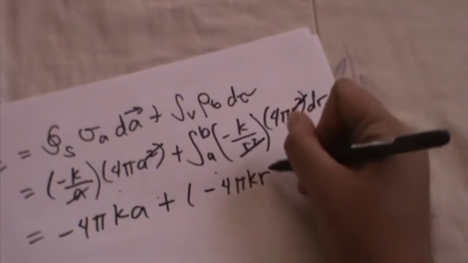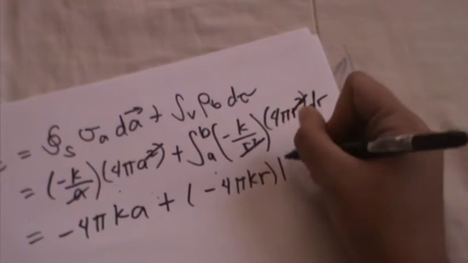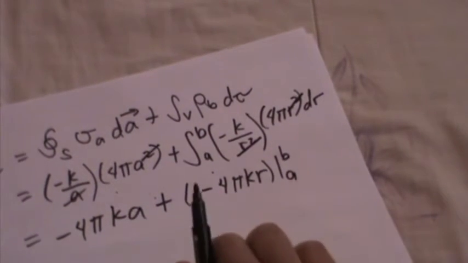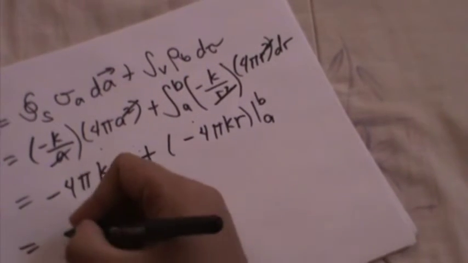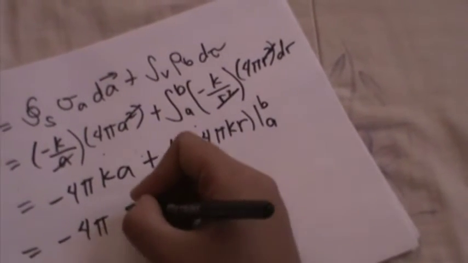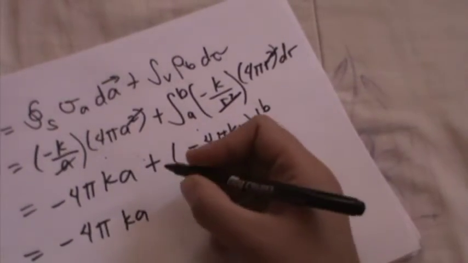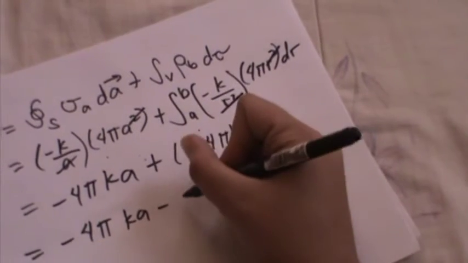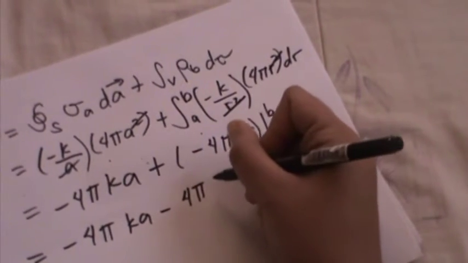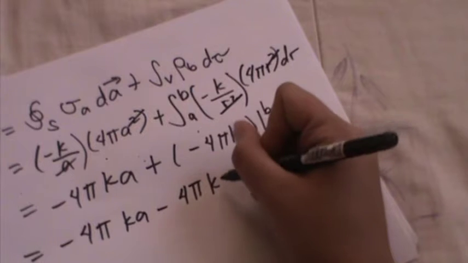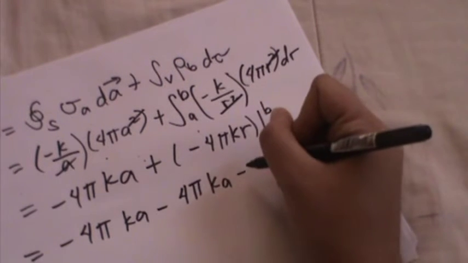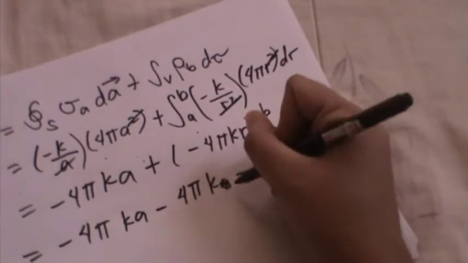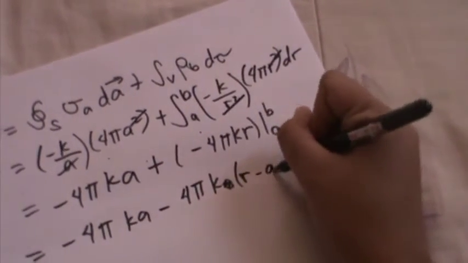Okay, and then we now put this one, so we'll have negative 4 pi k a minus this one, positive minus negative, is negative 4 pi k, we need to substitute this one, so we have r minus a.